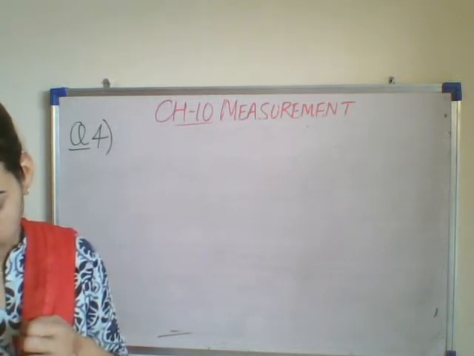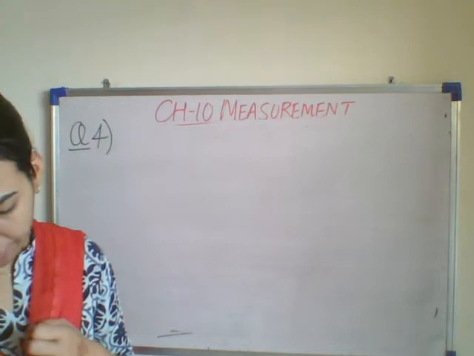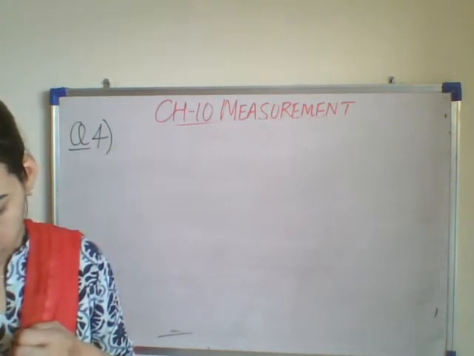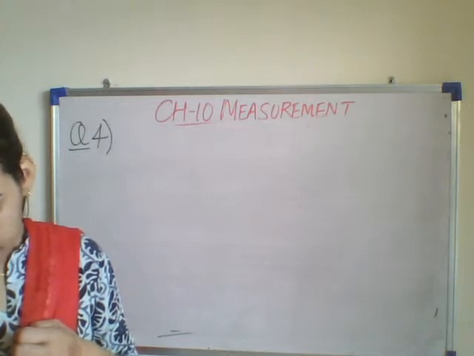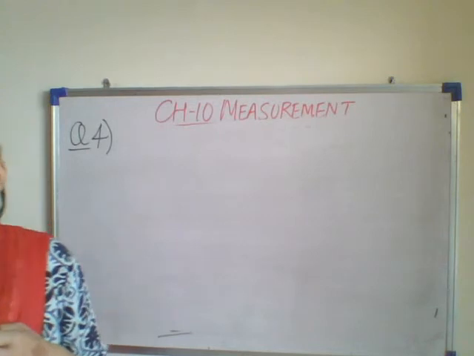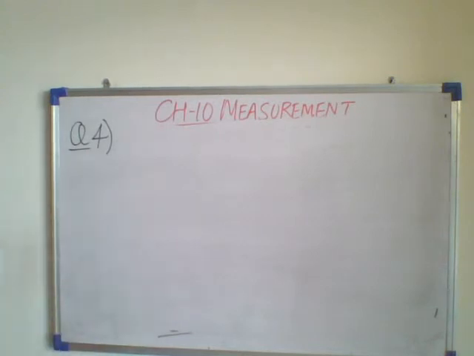He boards a bus at the bus stop and travels 3/4 km to his school. What is the total distance in kilometers travelled by Vedant? We have to find the total distance.